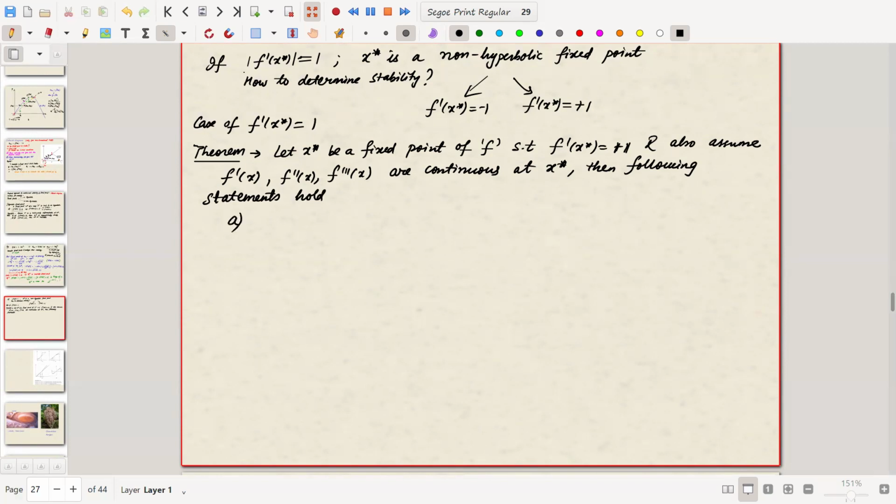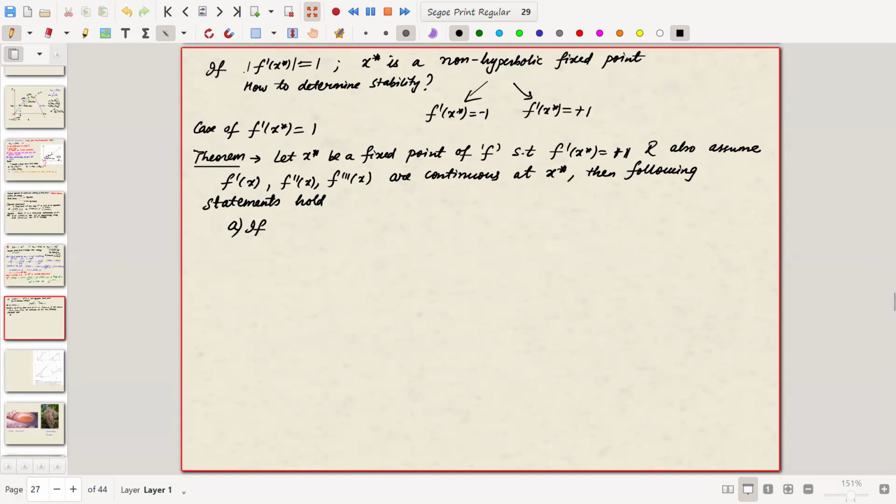Part A, since your first derivative is not giving you any information, the best logic is to get help from the second derivative. Now the list of statements will involve stability based on the second derivative. So if f double prime of x star is not equal to 0, then x star is unstable.